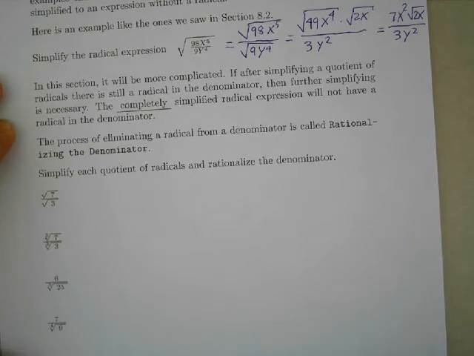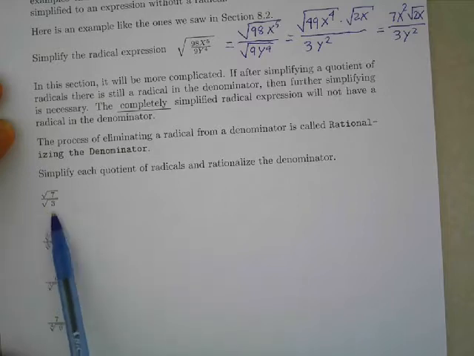If we have a square root of some number in the denominator, we look at the radicand 3 and ask, what would I have to multiply 3 by to get a perfect square? I would have to multiply 3 times 3, which is 9, to get a perfect square.